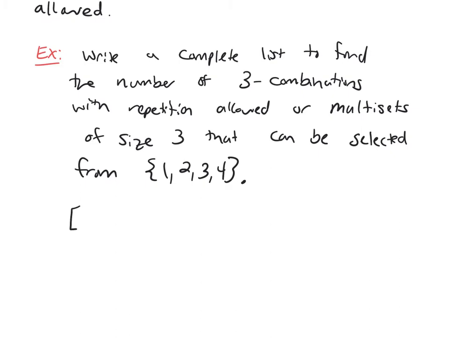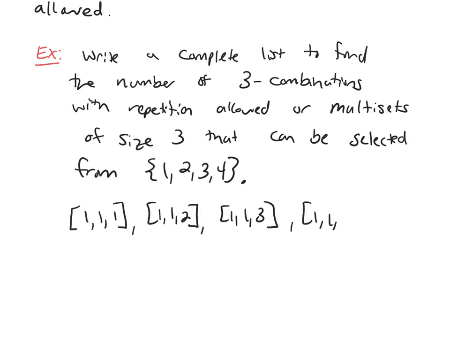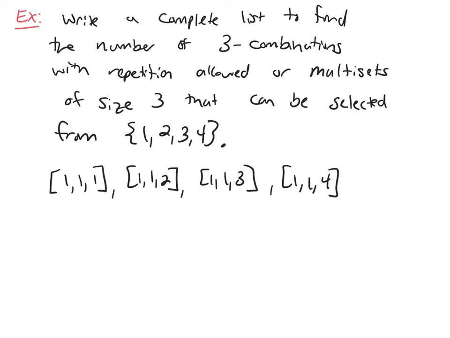So what are all the possibilities if I select 2 ones? Remember, there's repetition, so I select 1 and then I select it a second time. Well, the third element could be 1. You could select two 1s and a 2, 2 1s and a 3, or 2 1s and a 4. And those are all of the multisets where you have 2 ones selected.